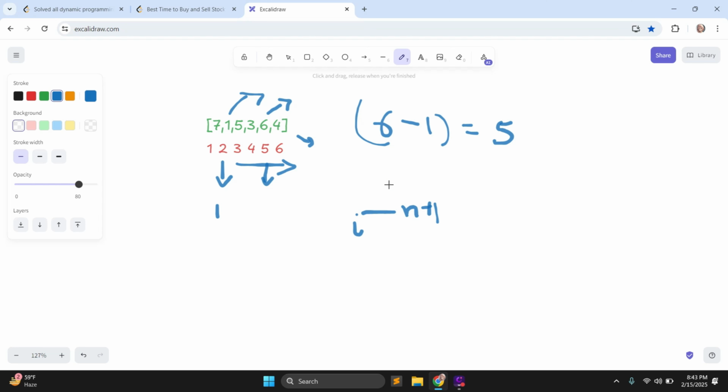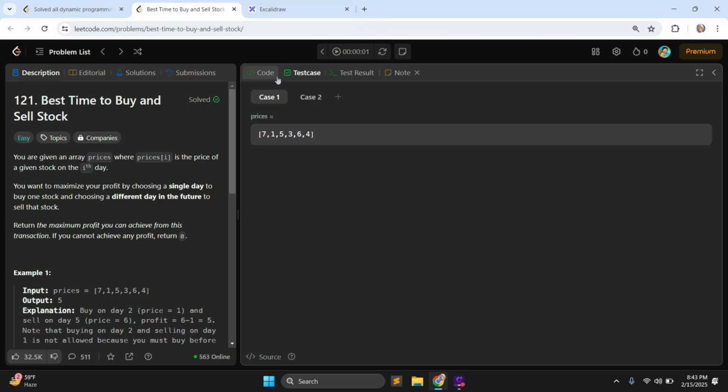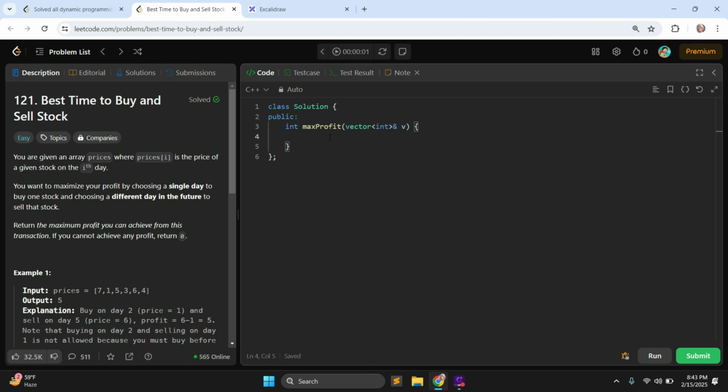Okay, so let me show the coding part. First, we will create the suffix array, initializing with 0, with the vector size.